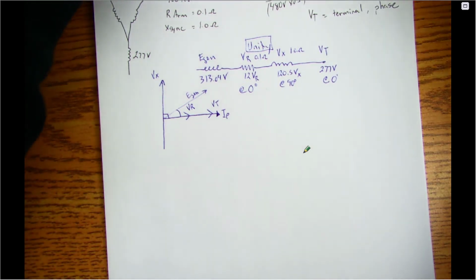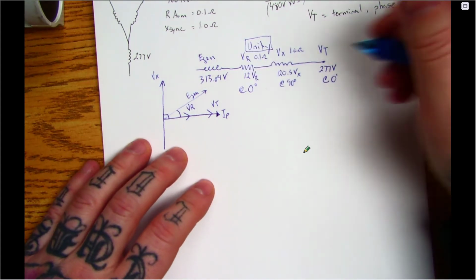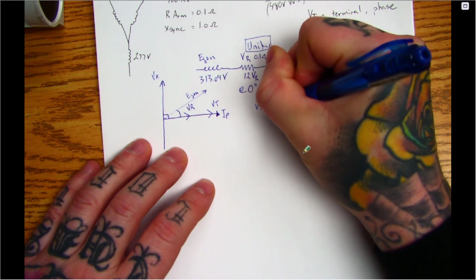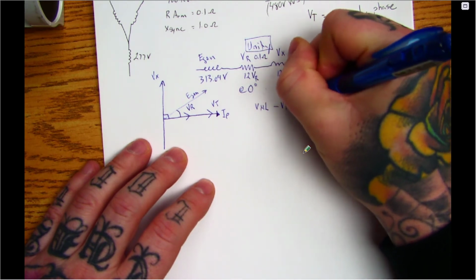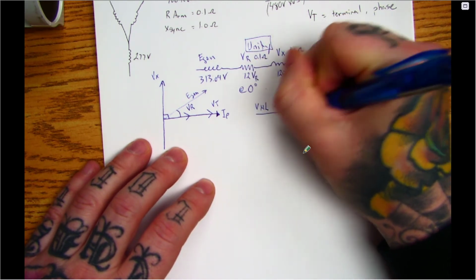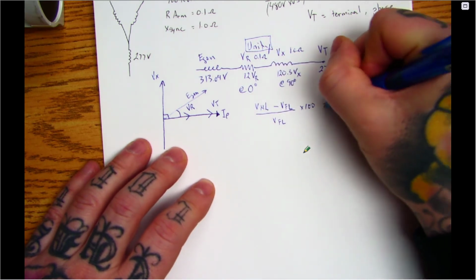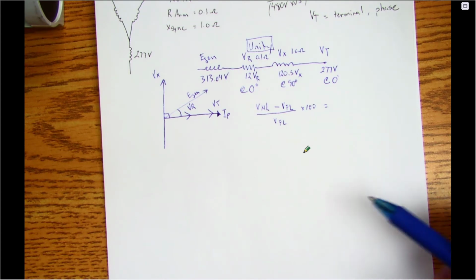So again, just to rewrite this formula here, we have our voltage of our no load minus our voltage of our full load, over our full load, times 100, and that's going to give us our percent voltage regulation.